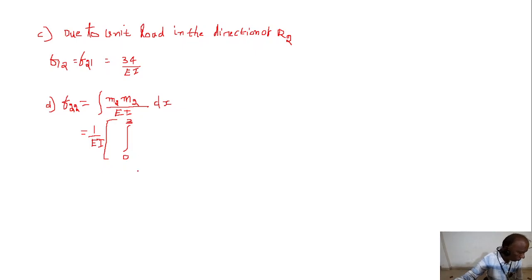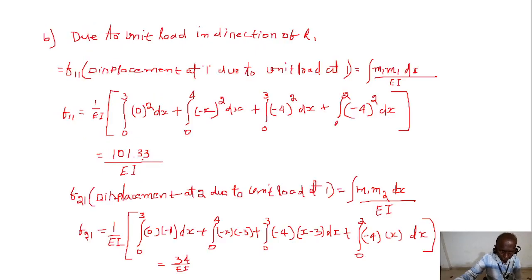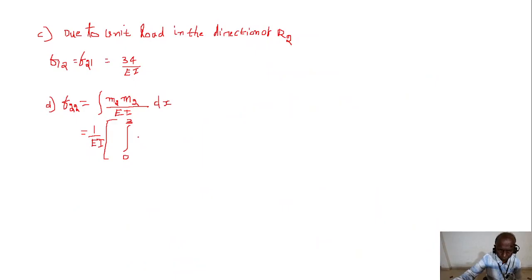So what is the M2? Minus 3 whole square dx, plus integration 0 to 4.